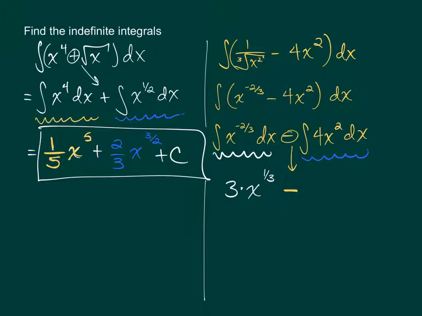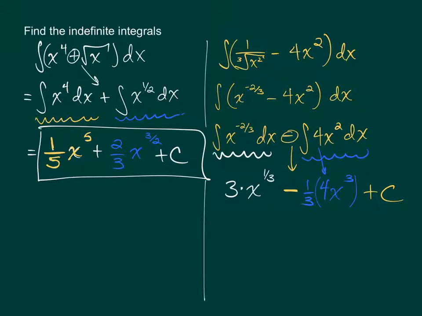In the second integral over here, the x is being squared, so I need to add 1 to that exponent, so that'll give me x to the 3rd power. In fact, that constant comes along for the ride. And then I need to multiply all of this by the reciprocal of the new exponent. So the reciprocal of 3 is 1/3, and then out back, the all-important plus c.